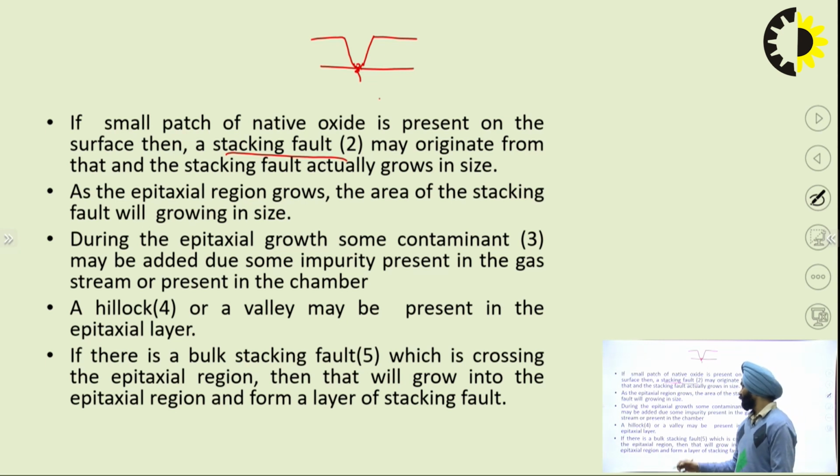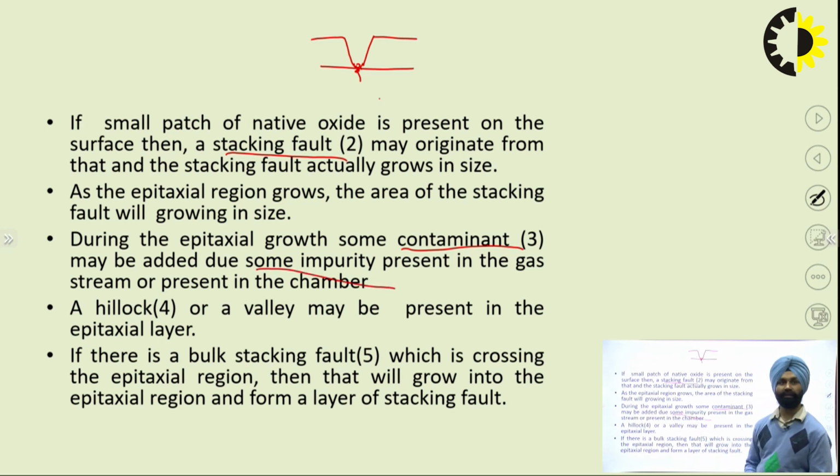The third type is, during the epitaxial growth, if some contamination is added, due to some impurity present in the gas stream in the chamber. These contaminations may be giving an extra amount of dopants, or it may be distorting our electrical shifts.